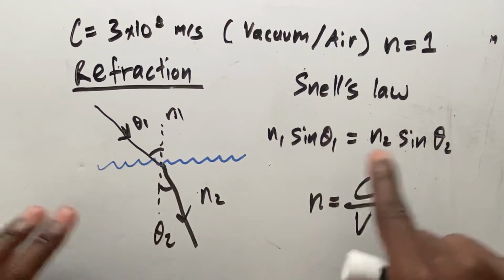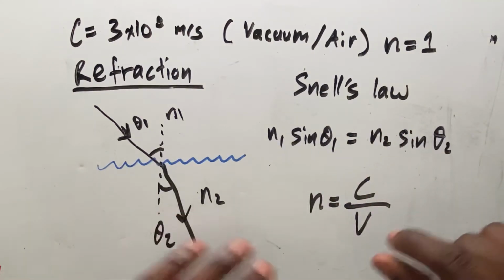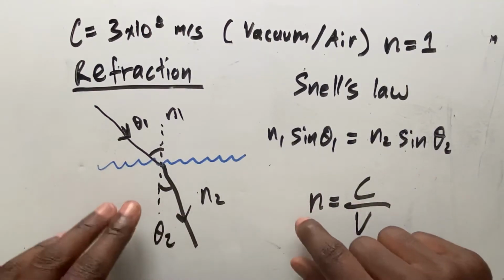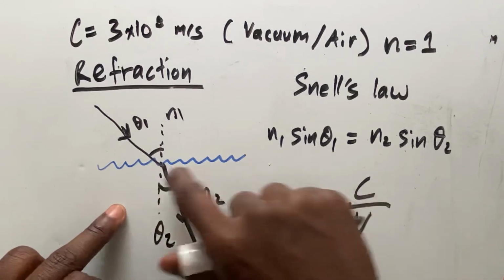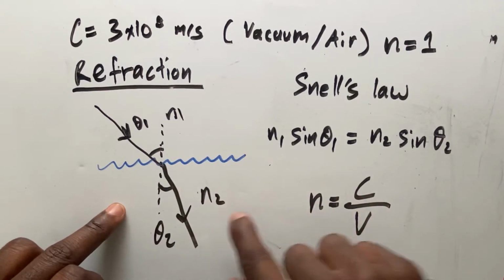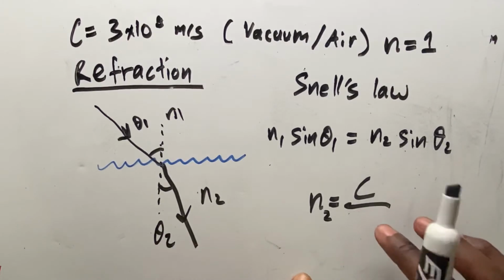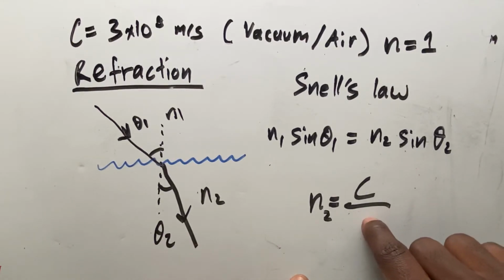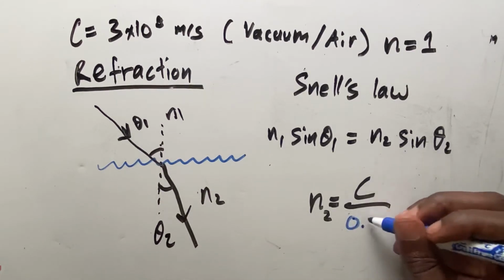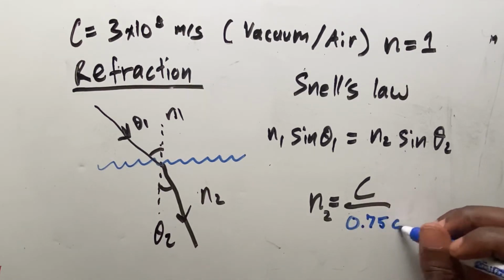This part here is going to help you for the lab. So this bottom area has an index of refraction called N2. N2 is going to be given by c divided by the speed of light in that material. The speed of light in water, we know, is 0.75 c, right?